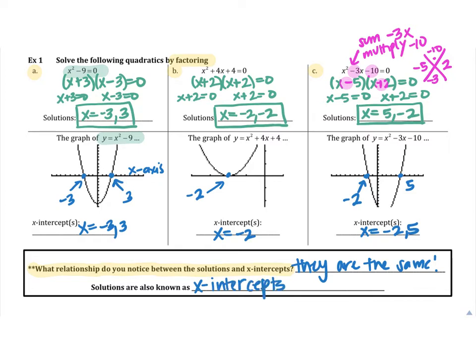X-intercepts are the same thing as solutions, which is the same thing as zeros. So these words: solution, x-intercept, zero. Oop, I got another one: roots. These are all the same. These words are interchangeable. They all mean the same thing.